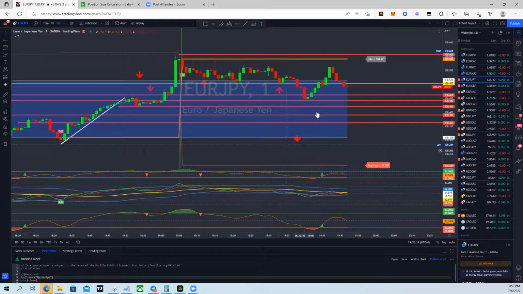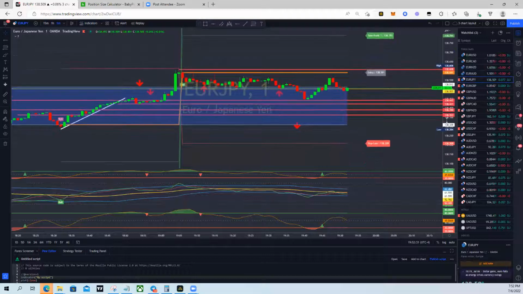So we got consolidation. You got your highest high, your low low. It's consolidating right at the top. Where is it consolidating at though? The top of the zone.